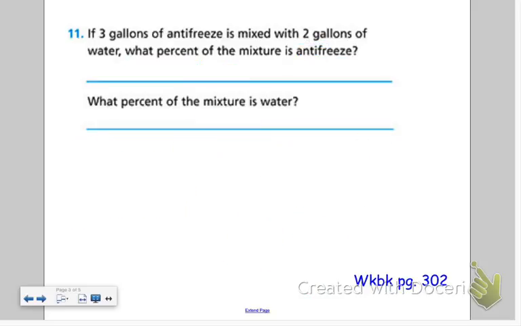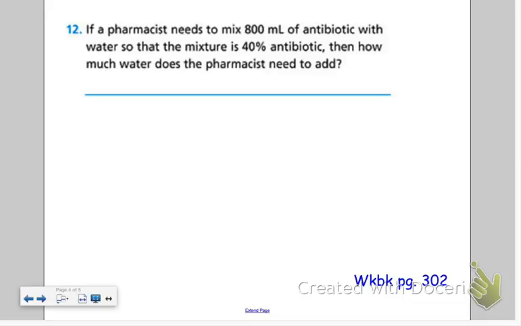Okay, one more that I want to do with you. If a pharmacist needs to mix 800 milliliters of antibiotic with water so that the mixture is 40% antibiotic, then how much water does the pharmacist need to add?